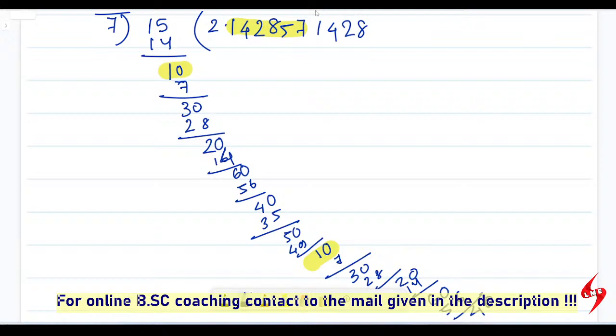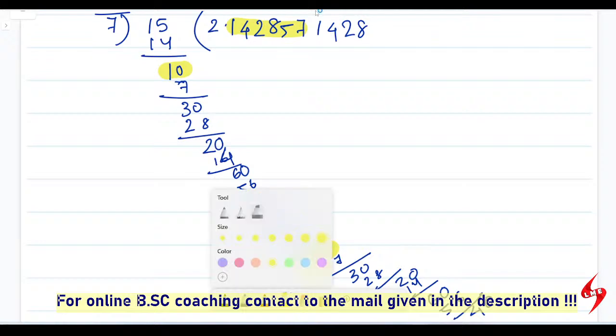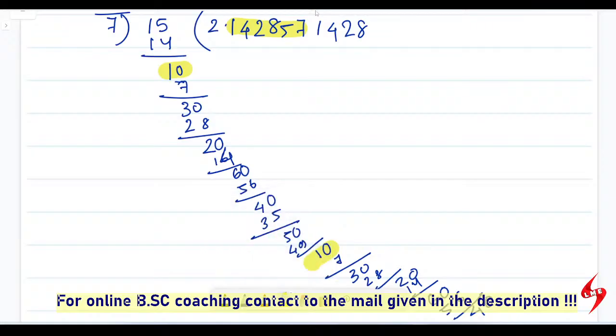Okay, you can get that the repeating term will be like this. Another number will be 5, 7, again the number will be 1, 4, 2, 8, 5, 7.